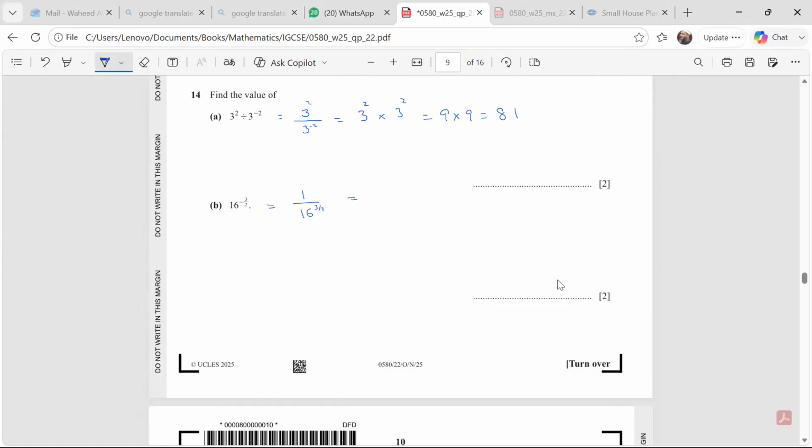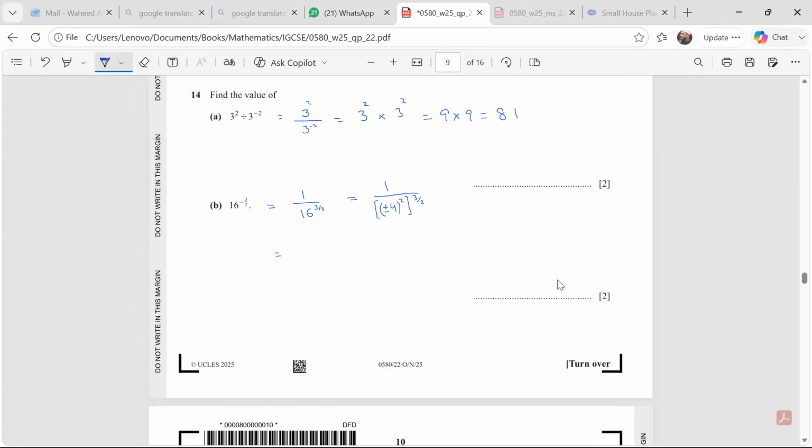Okay. And 16 can be written as 4 squared. And it could be plus or minus; in both cases, it will be 16. And then this has a power of 3 by 2.